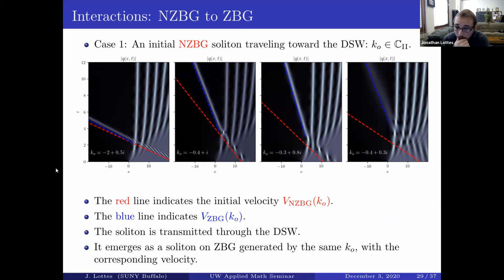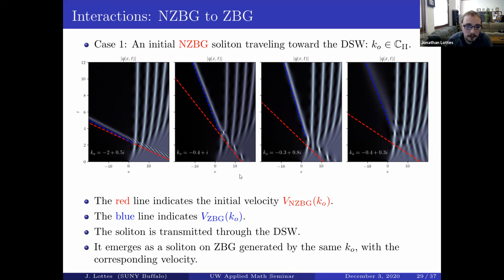Okay, so let's return now to some of these cases. If I look at a non-zero background soliton, starting on the right side of the step, sending it toward the DSW, and looking at this interaction. Here the red dashed line gives the velocity of this initial non-zero background soliton, and the blue dashed line gives the corresponding velocity of a zero background soliton that would be generated by the same discrete eigenvalue.